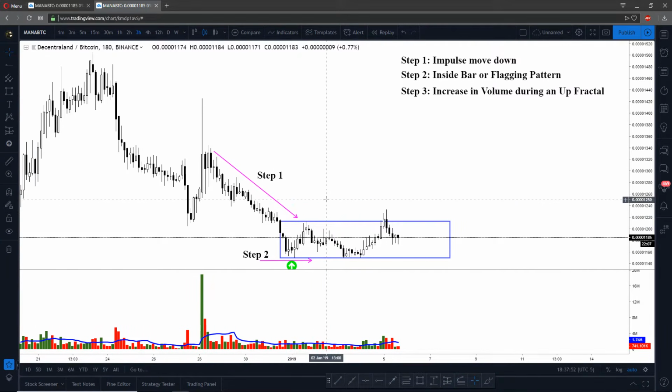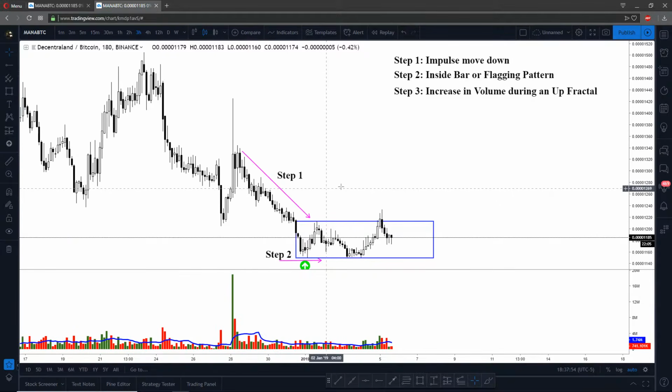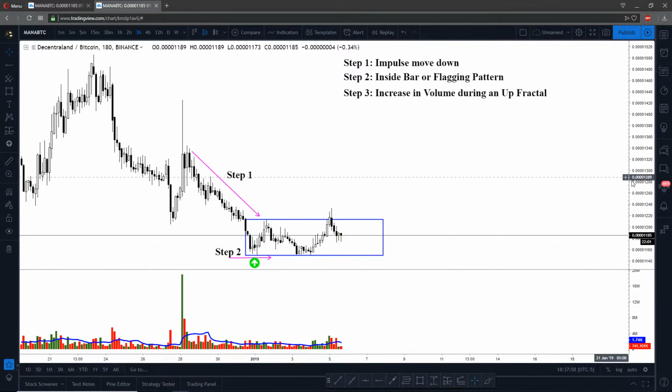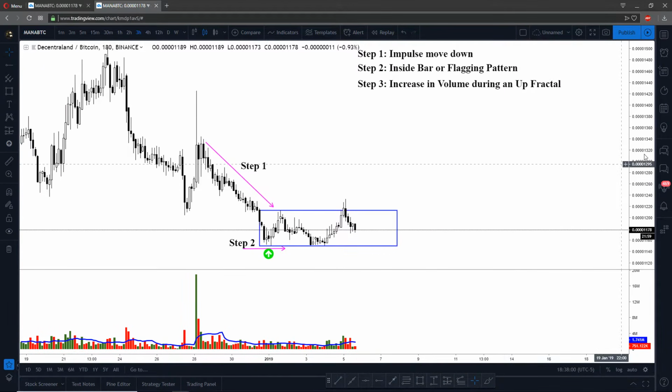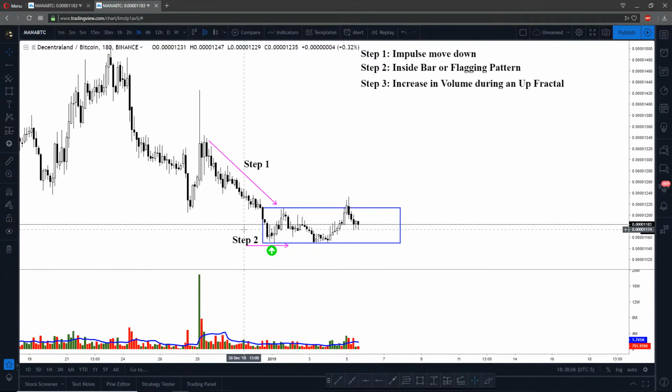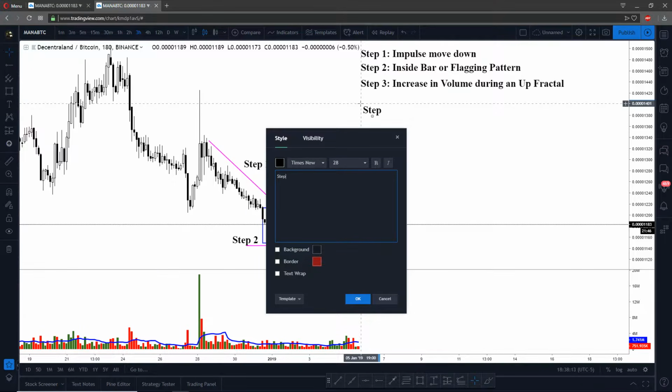The next thing we're going to look for, let me zoom out a little bit. The next thing we're going to look for is a retest of the low of the accumulation, which we saw here. So step four, retest of accumulation low.